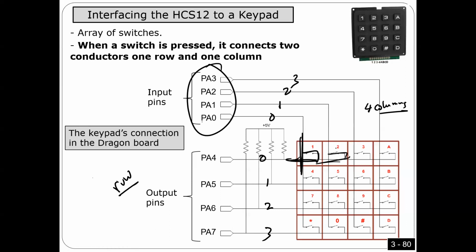So I need to look for which pair of row and column is connected, and this way I can know which switch. If you press this one, it means row 0 and column 0 are connected. Anyway, what's your question?